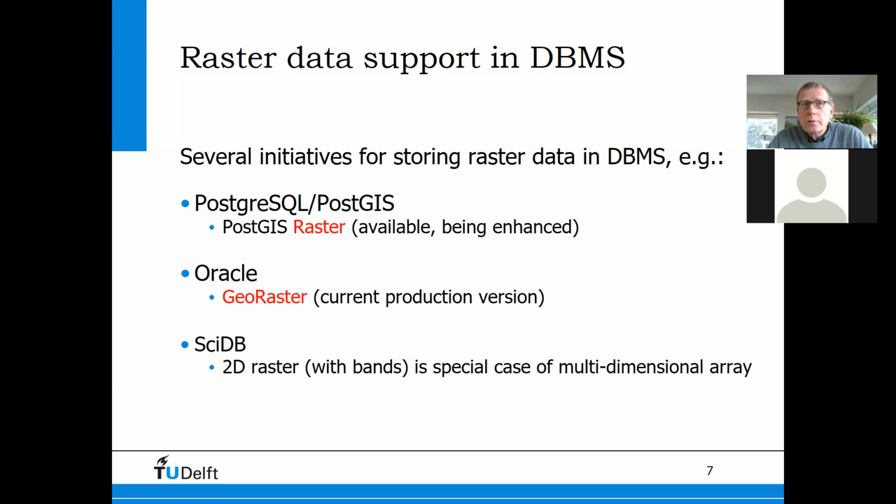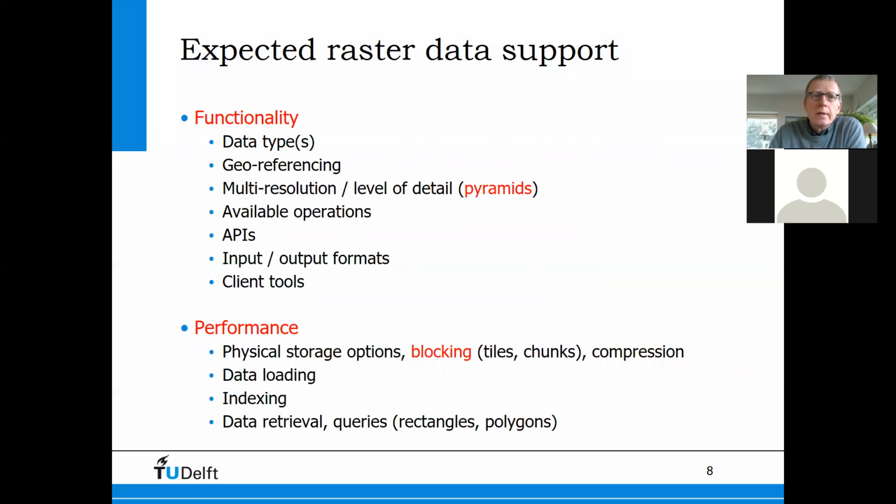But both of them are not really an ISO or an OGC standard, and they are different. And then we have other databases tailor-made for this type of data, SciDB, with support of raster data or even higher dimensional arrays, 3D or 4D arrays, and more detail later.